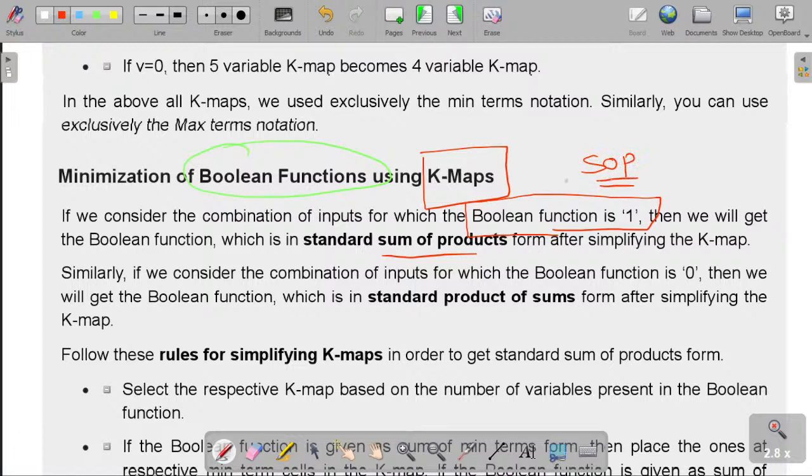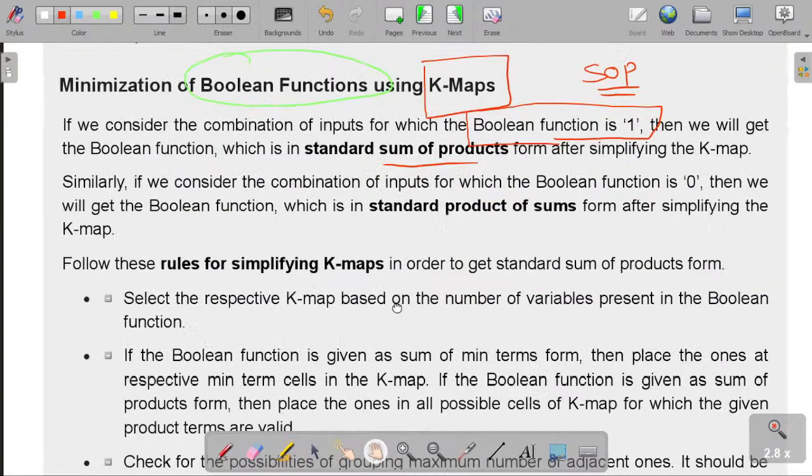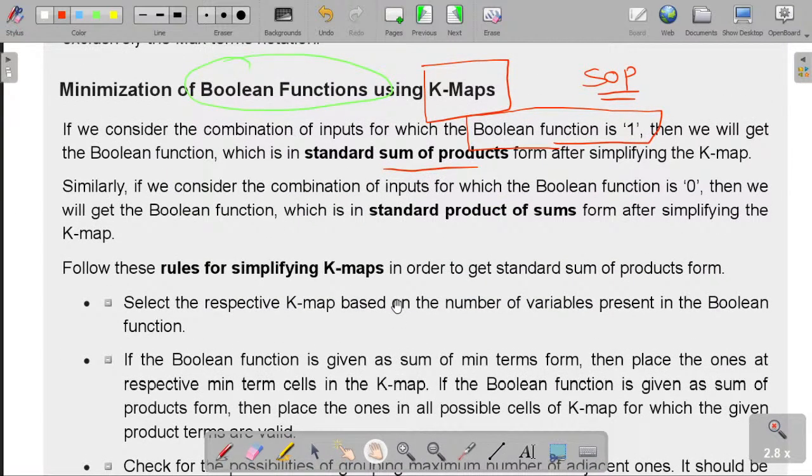If we consider the combination of inputs for which the Boolean function is 0, then we will get a Boolean function in POS form, product of sums. Function with 1 means SOP, and function with 0 means POS form, product of sums form.